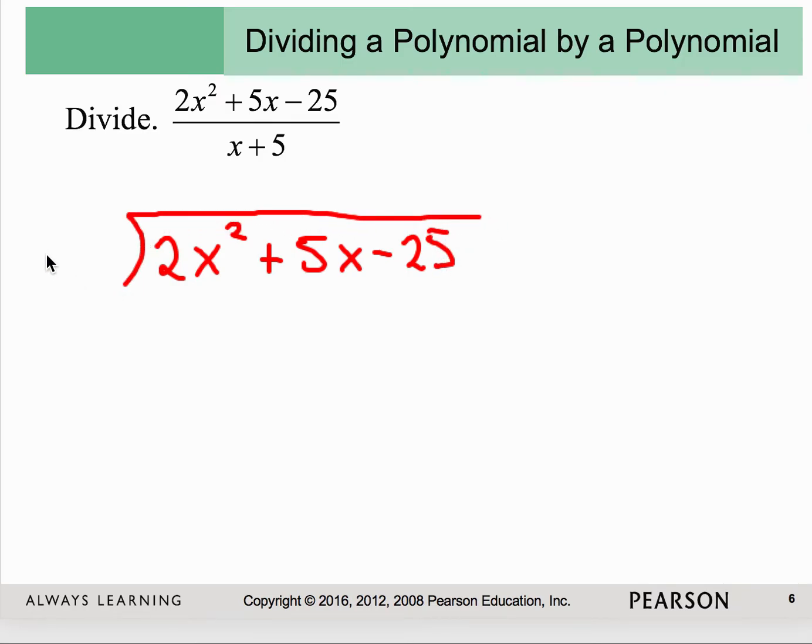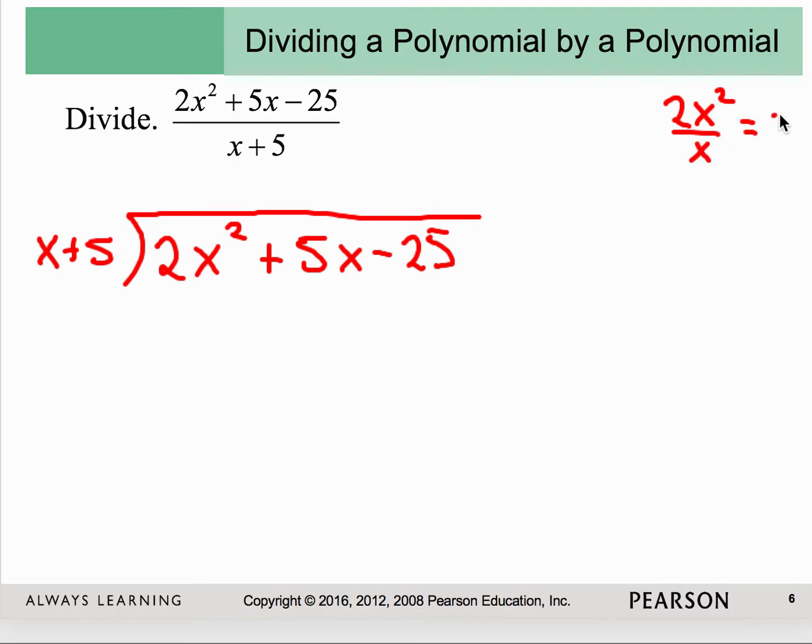Now remember, I don't know how many times x plus 5 divides into that, so I'm just going to look at my first term. How many times does x go into 2x squared? Okay, so you can think about this a couple of ways. You can go over to the side and you can say, well, what's 2x squared divided by x?